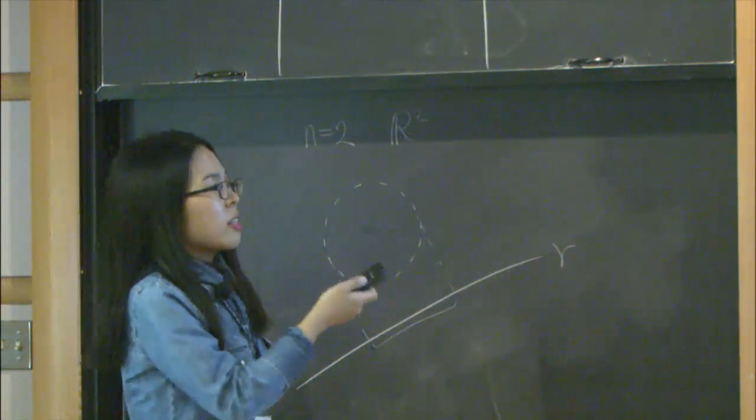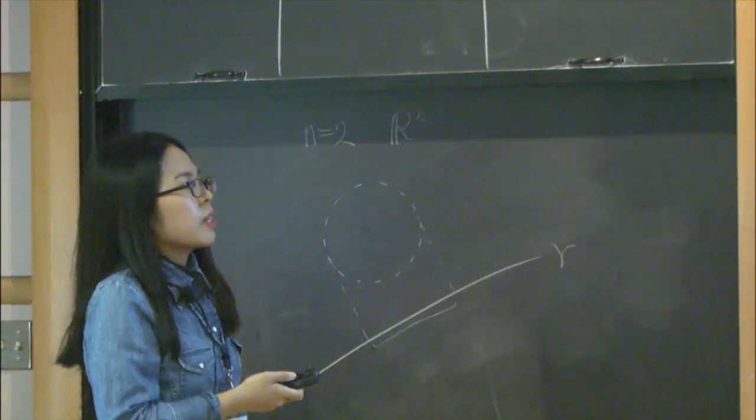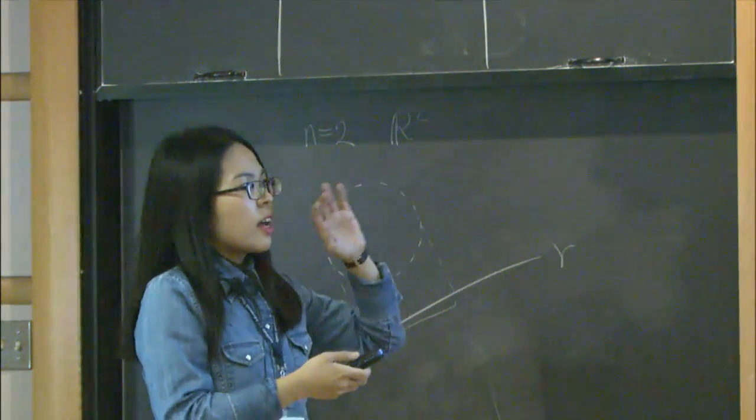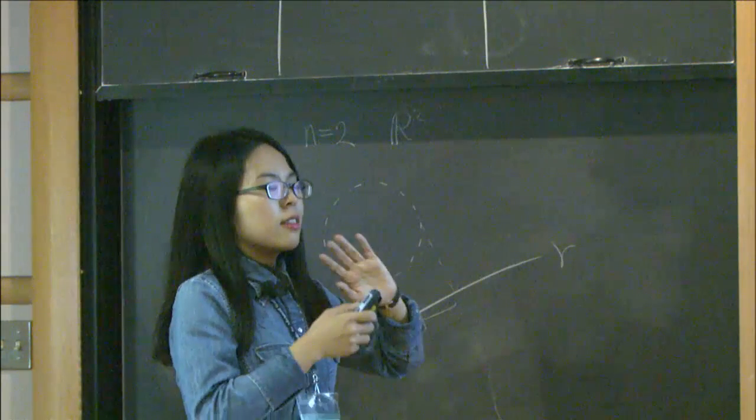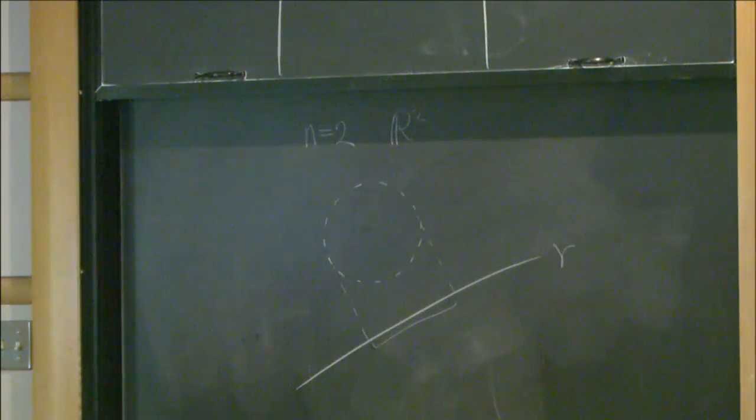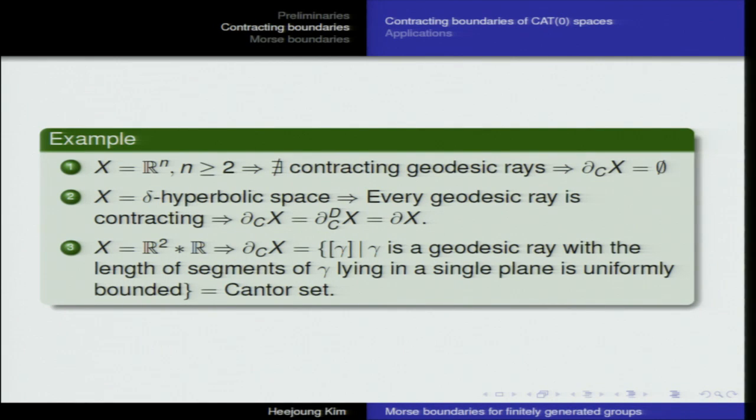For the second example, let X be a delta hyperbolic space. Then, as I said, every geodesic ray is D-contracting for some D. So the contracting boundary is indeed just this set, and it has the subspace topology. So it is homeomorphic to the Gromov boundary.